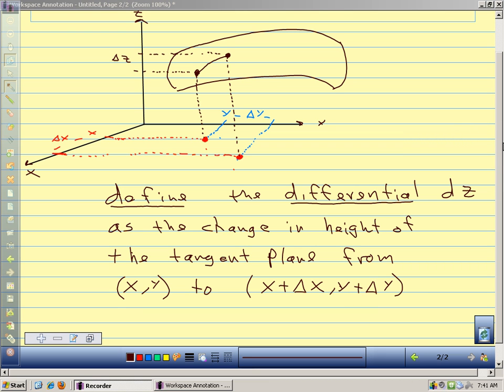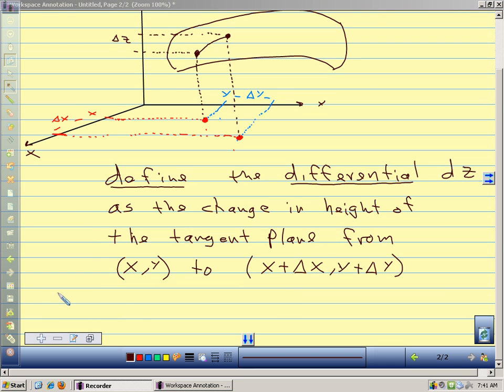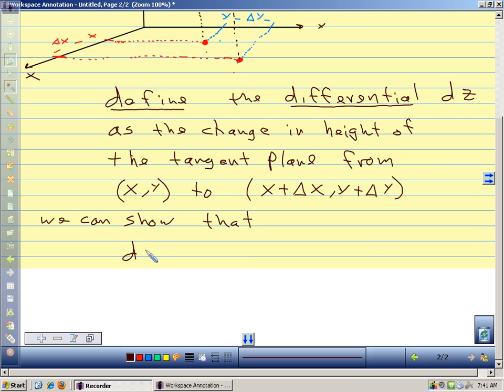We can show that dz, our differential, our change in height of the tangent plane, is dz/dx delta x plus dz/dy delta y.